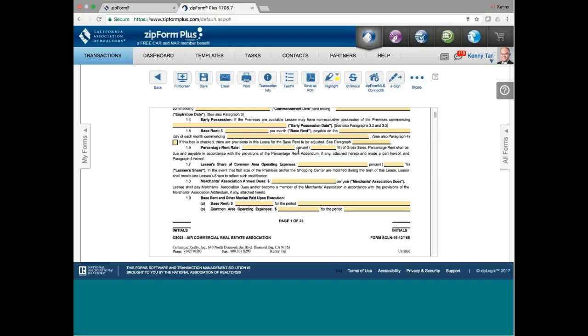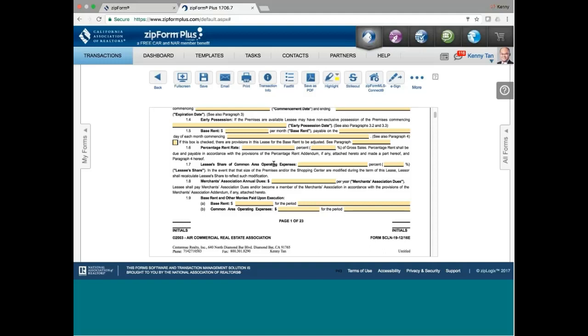Okay. Lessee's share of common area operating expense. Again, this is a CAM charge, common area operating expense. Instead of calling it common area maintenance, they call it a common area operating expense.